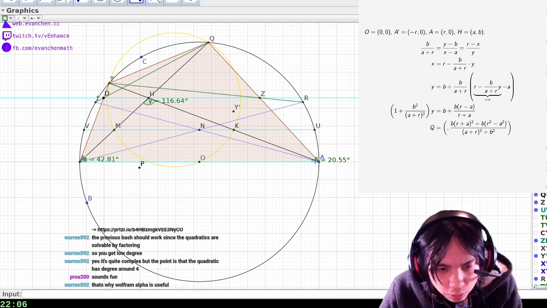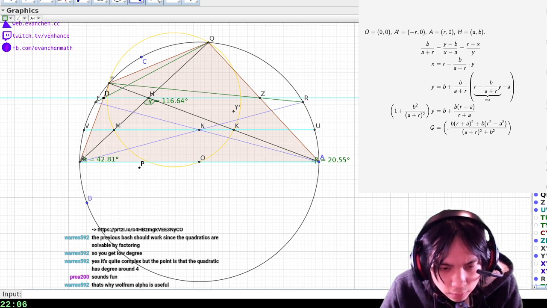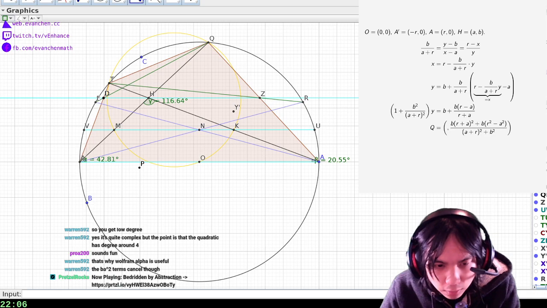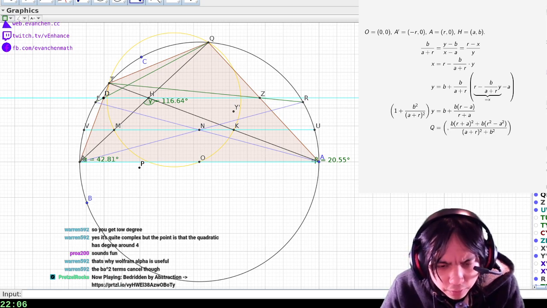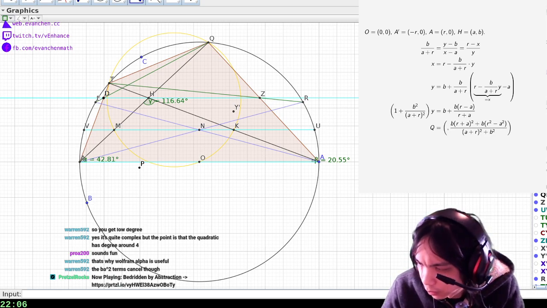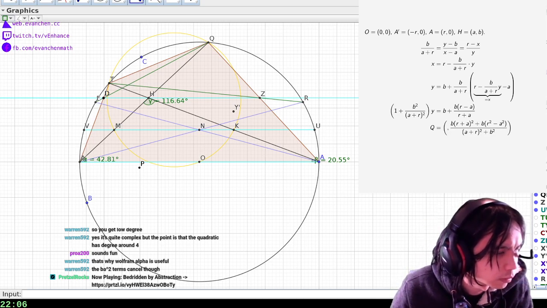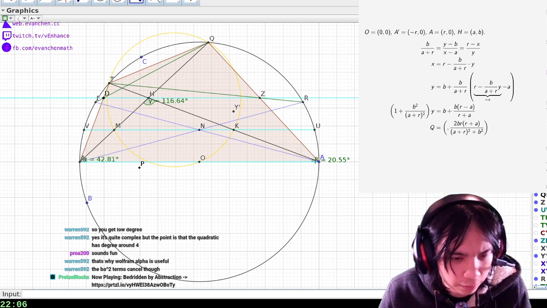So this is 2br. How does that factor? Okay, you're right. It's okay, it factored.